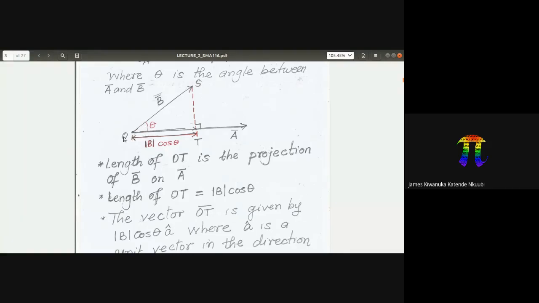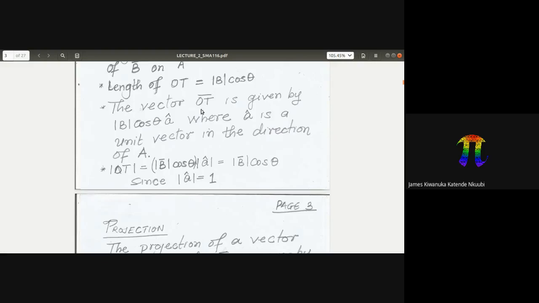So if I want to write OT as a vector, I get the length of OT and multiply that by a unit vector in the direction of A. That's what we are describing here. The vector OT is given by the length of OT, which we obtained as this already, multiplied by a unit vector in the same direction as A.